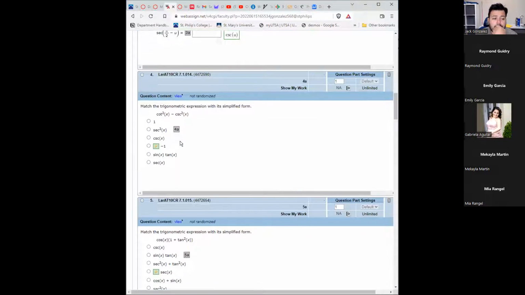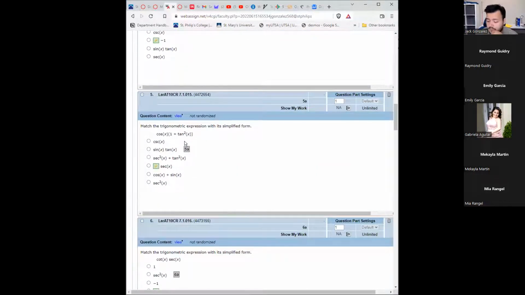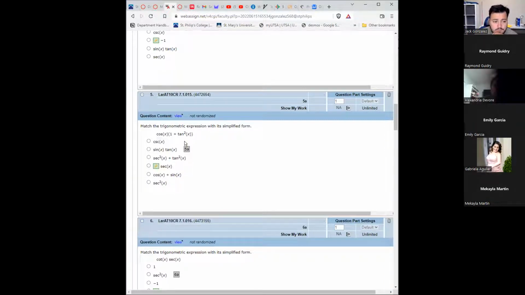That might be worth doing. Do problem 5, so you can see what they want us to do. They want us to basically simplify the question. So if you have cosine x times 1 plus tan squared, what does that become?